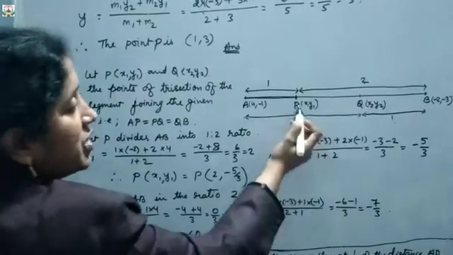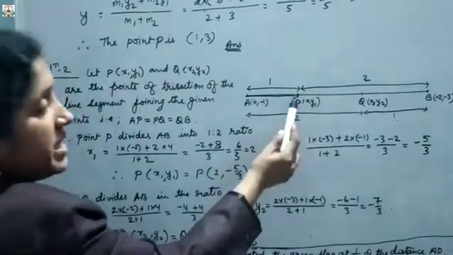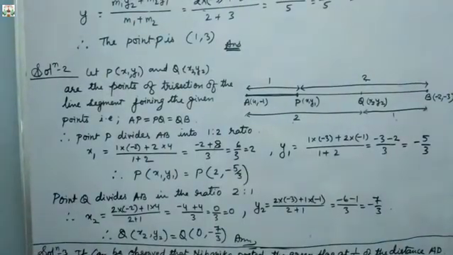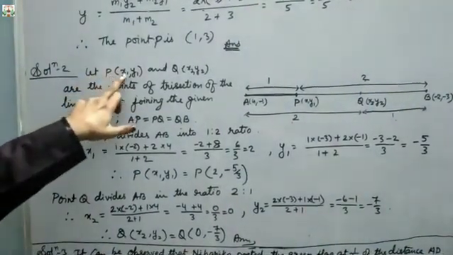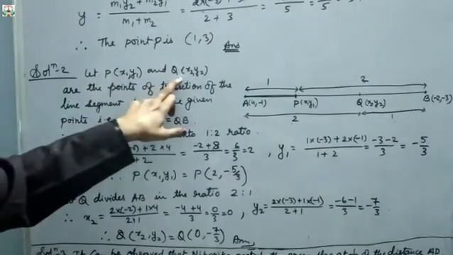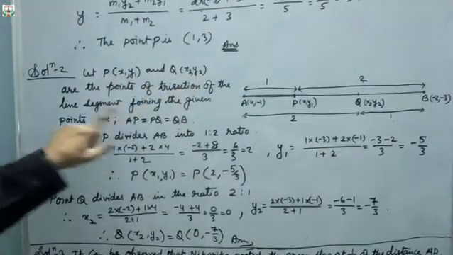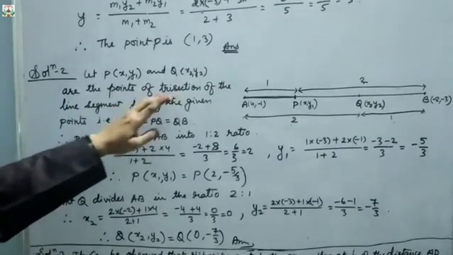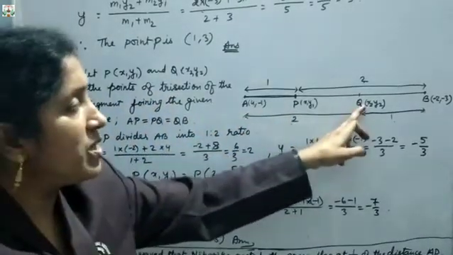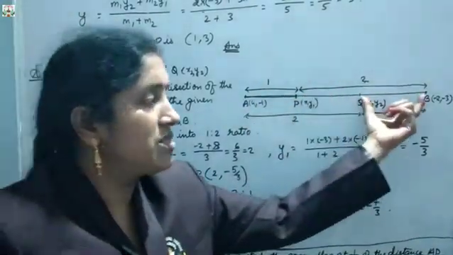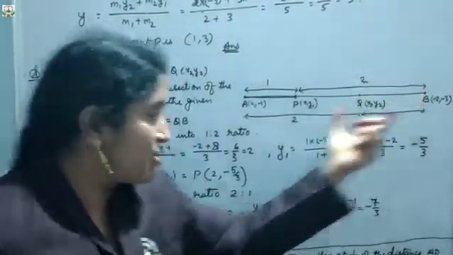So first one we will take as P is the point which divides the line AB. Let P coordinates be x1, y1 and Q coordinates be x2, y2. These two are the points of trisection. This is one section, this is two section and this is third section, trisection.